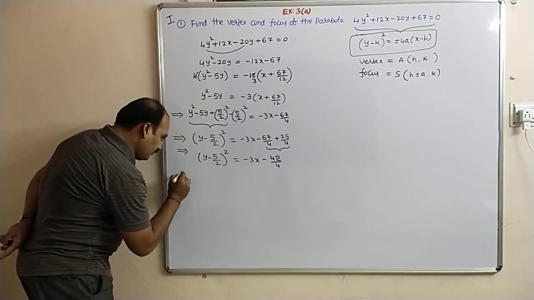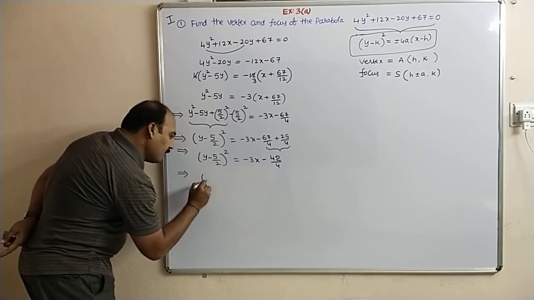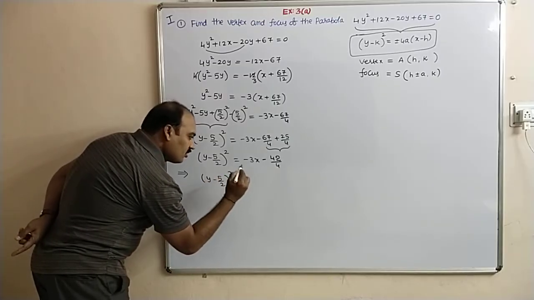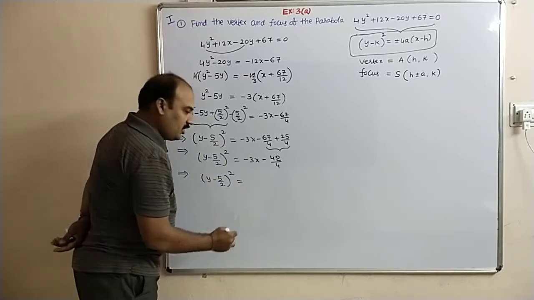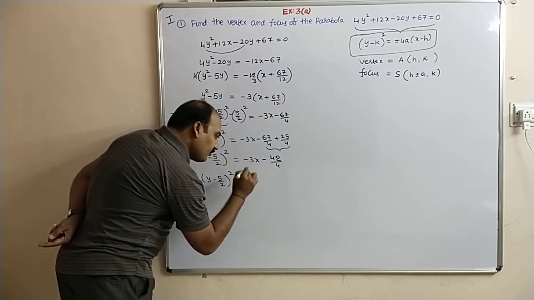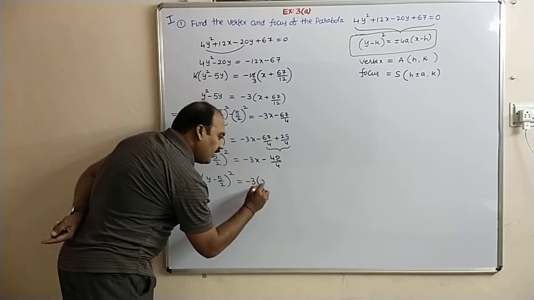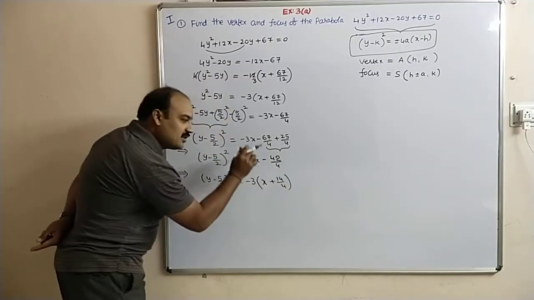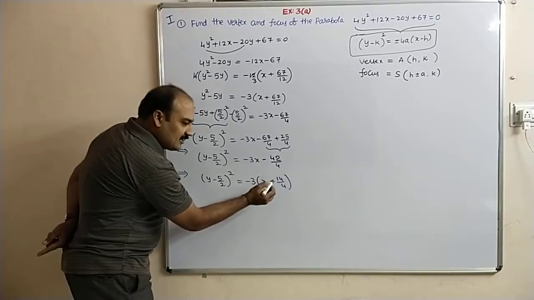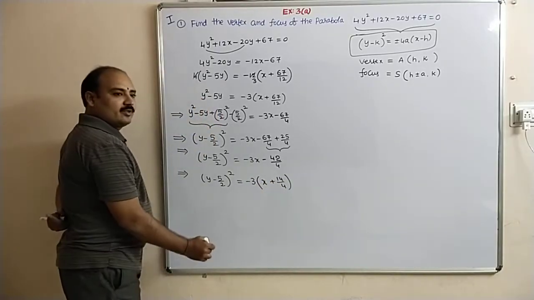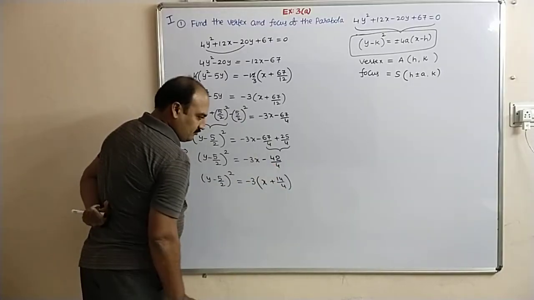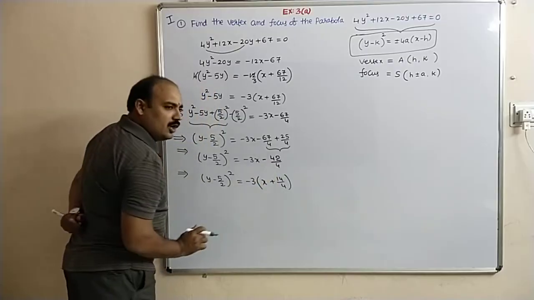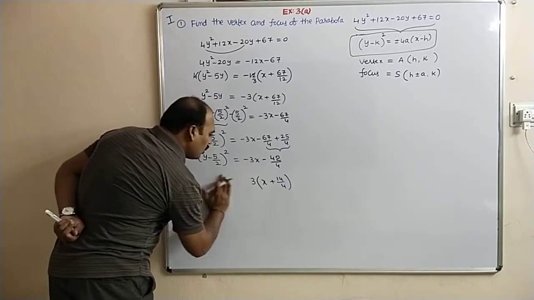Which is equal to y minus 5 by 2 whole square. Here I am taking common minus 3: x plus 14 by 4. 14 threes are 42. Here you have to simplify, otherwise you can simplify 42 by 4 without writing the step.